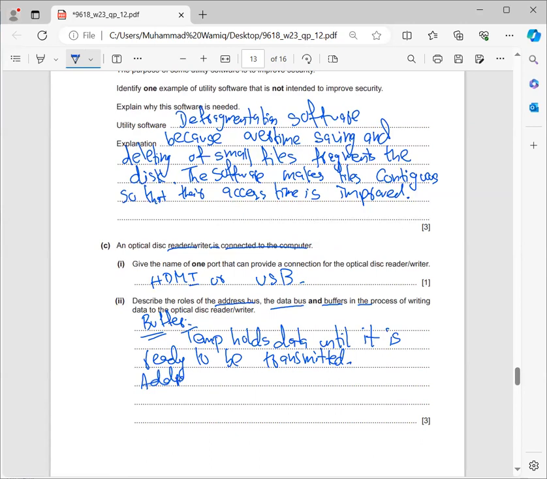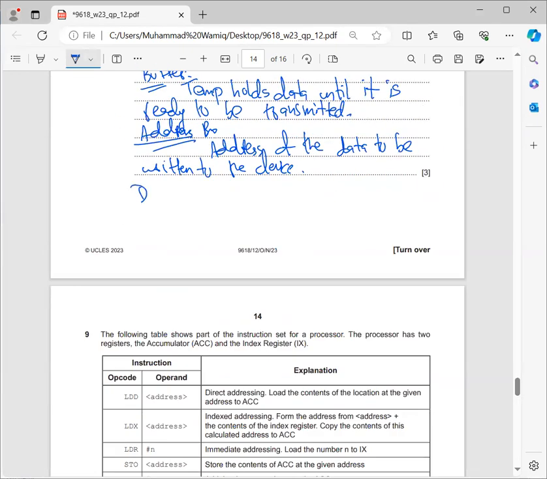The address bus carries the address of the data to be written to the device. And the last one is your data bus, which carries all data to be written to the device.